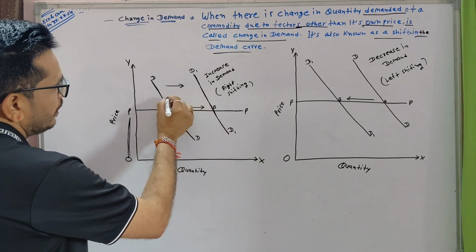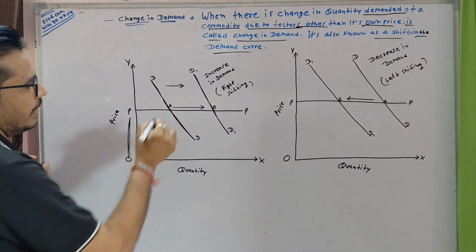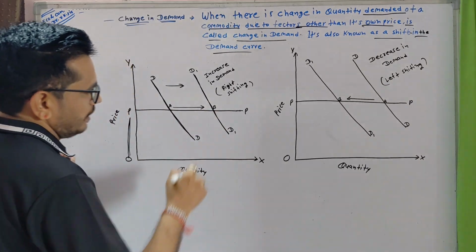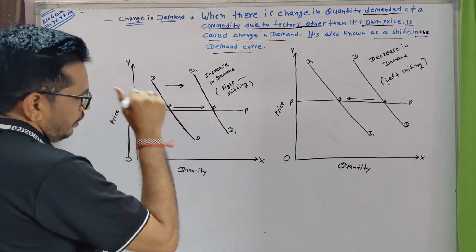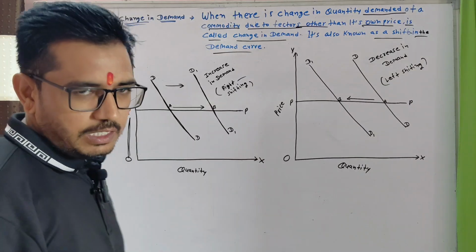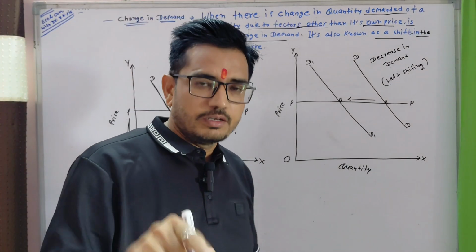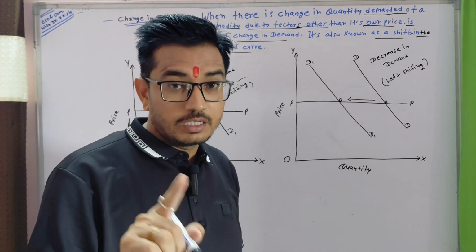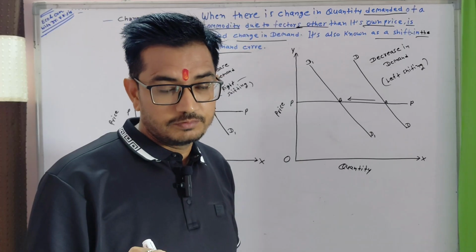There is a shift from DD to D1 D1, and we can say right shifting. That is right shifting due to change in other factors other than its own price.